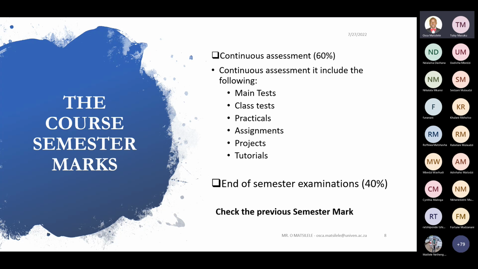And at the end of the semester, you have the examination. So 60% of semester mark and 40% of your exam, which makes 100%. So it's possible that you can get that 60% and this 40%, and you get 100.